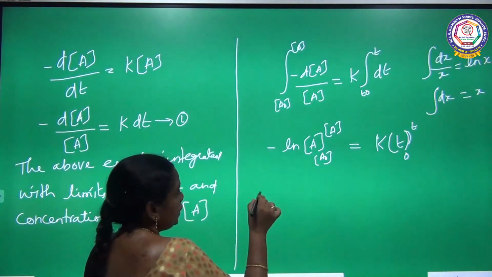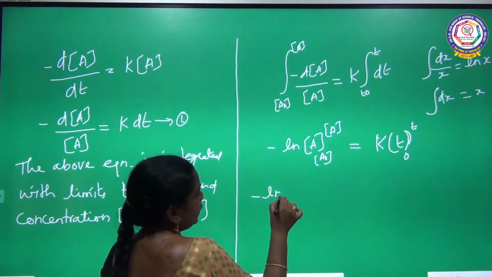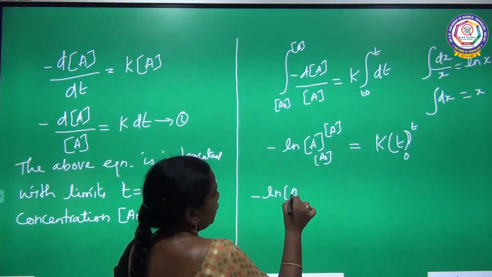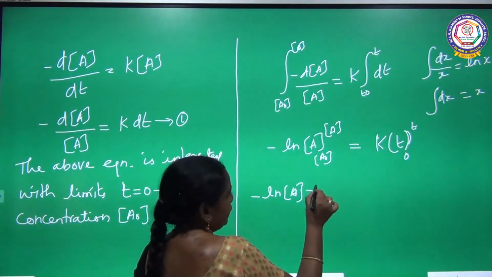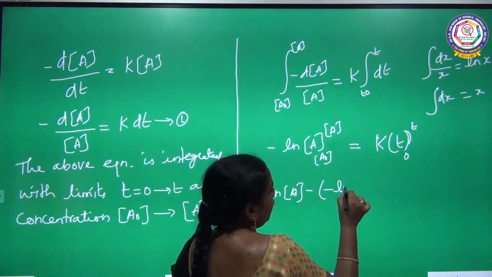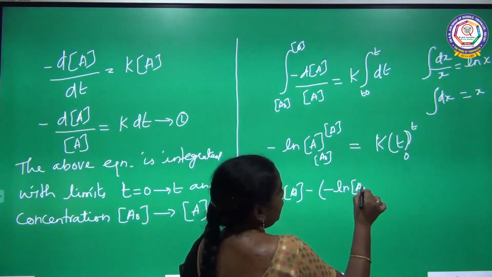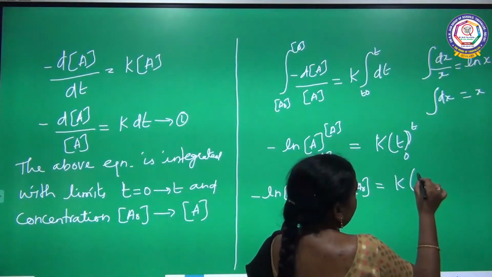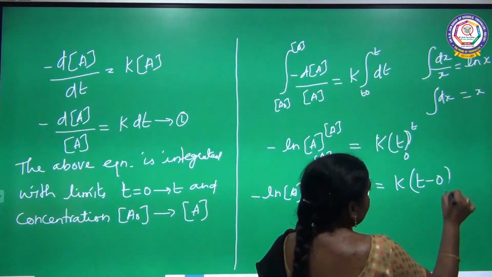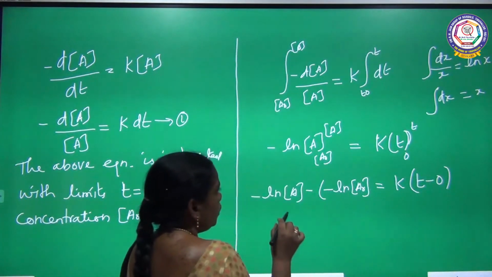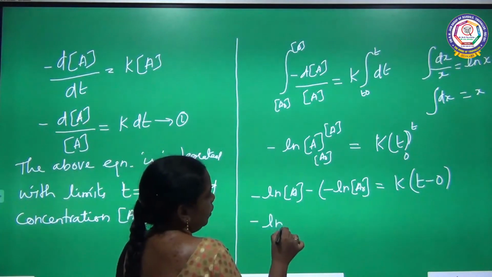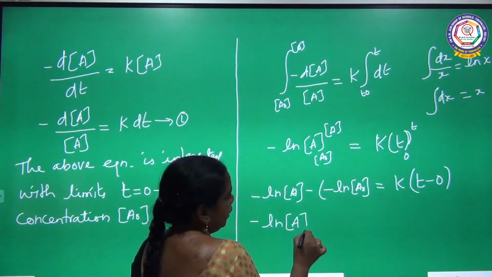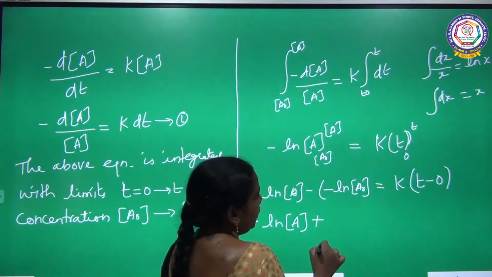Now you apply the limits: minus ln A minus of ln of A0 equal to K into t minus 0. So minus into minus becomes plus.